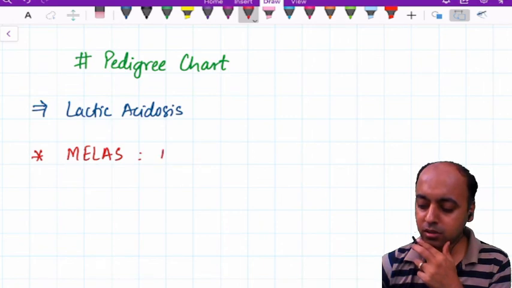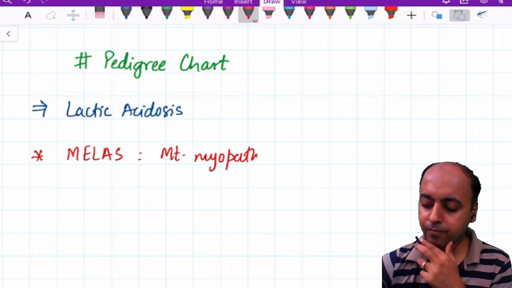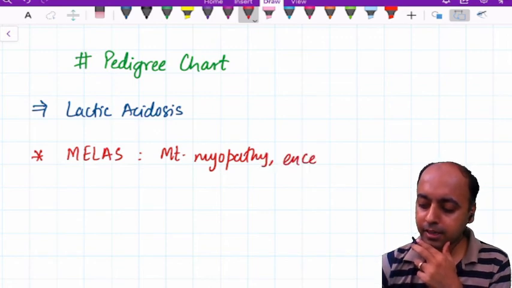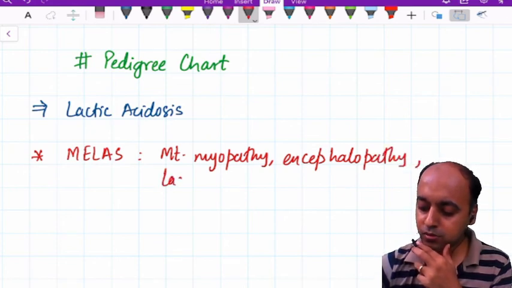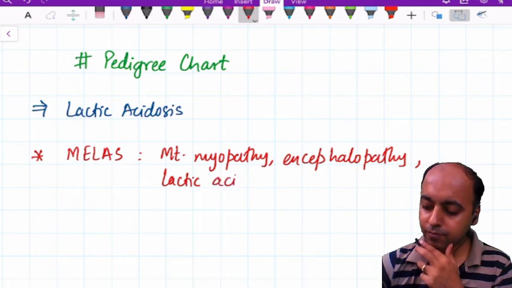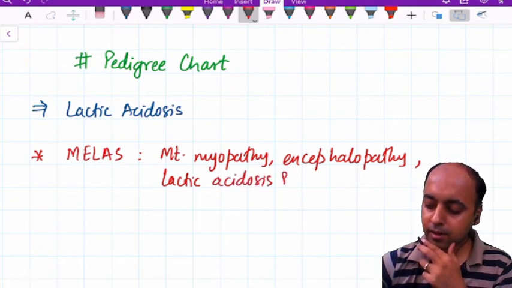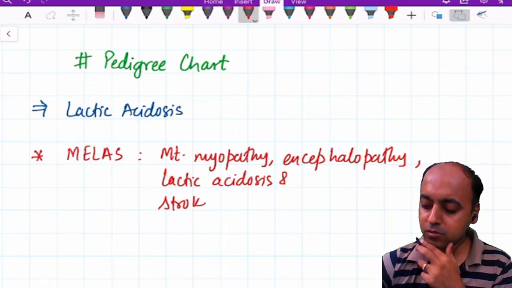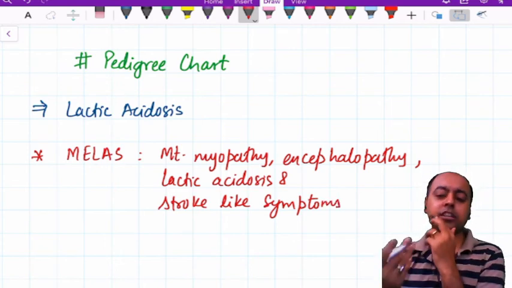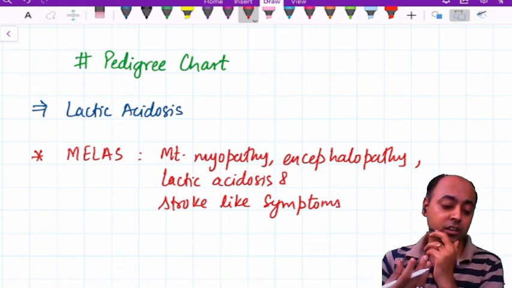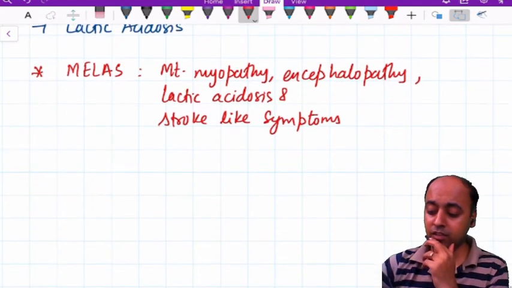MELAS stands for mitochondrial myopathy, encephalopathy, lactic acidosis, and stroke-like symptoms. This is one of the commonest mitochondrial DNA disorders, although the mitochondrial DNA disorders themselves are very rare. By themselves, they are very rare.